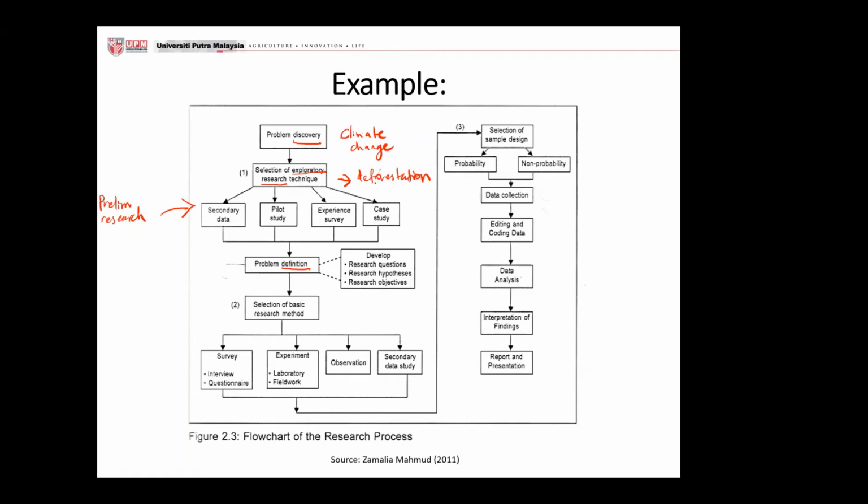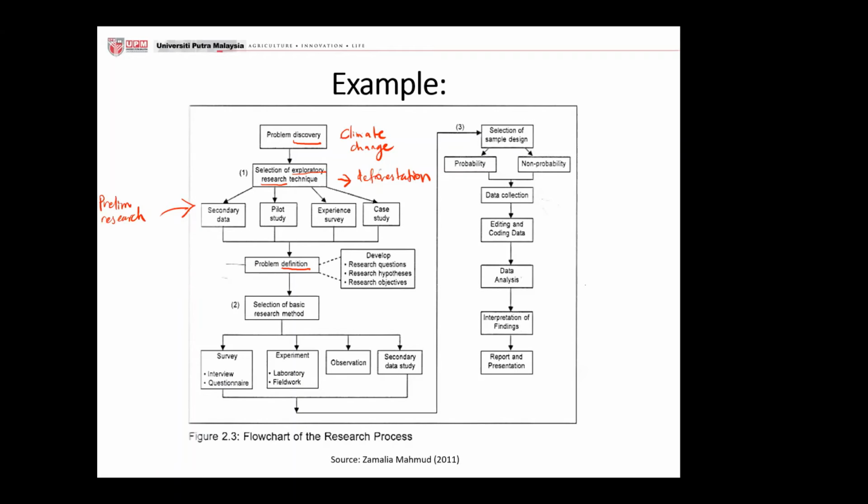So for example, after looking, maybe I want to look at what the causes of deforestation are in, you have to be specific here, whether in Malaysia, or if you are being very ambitious, you want to look at the world.